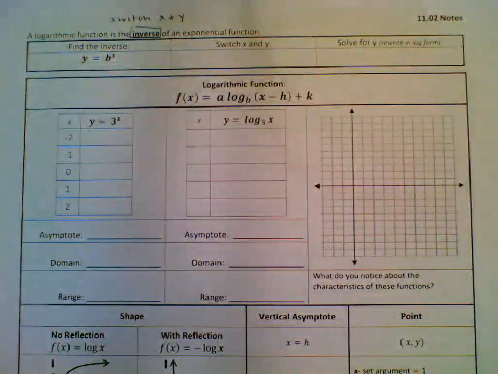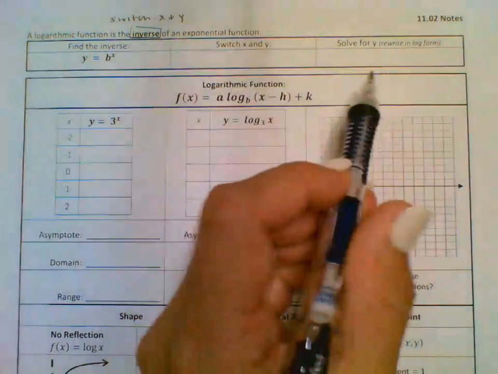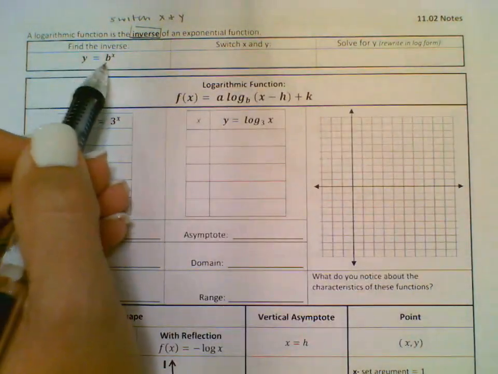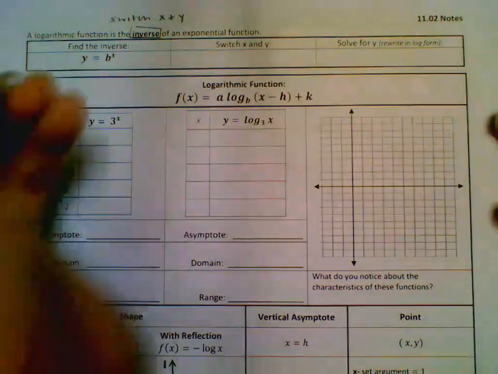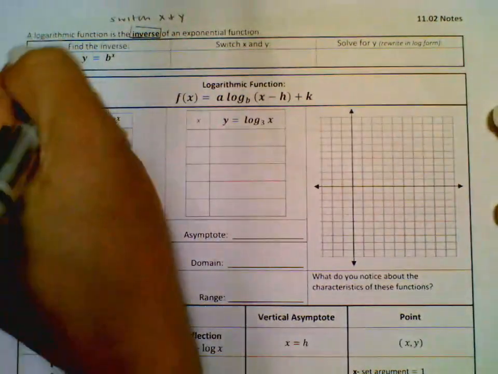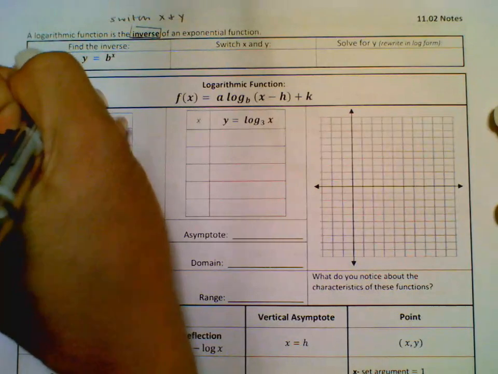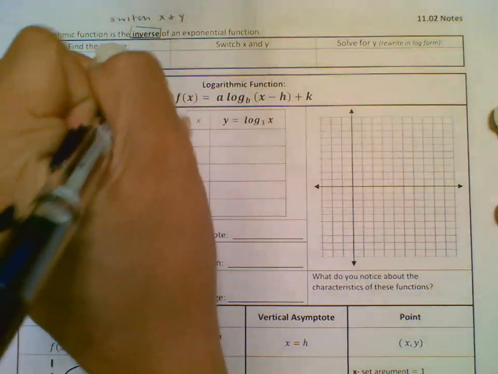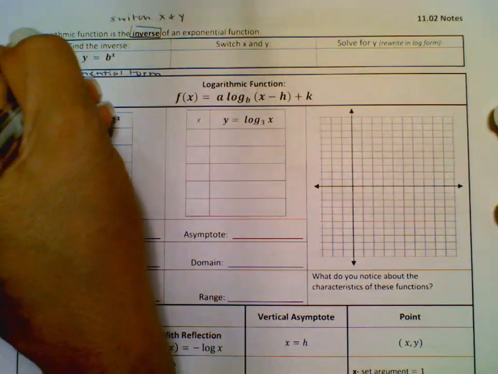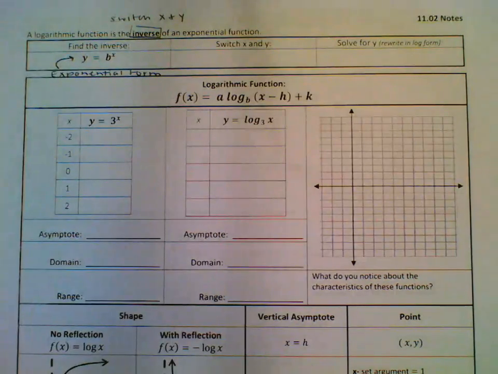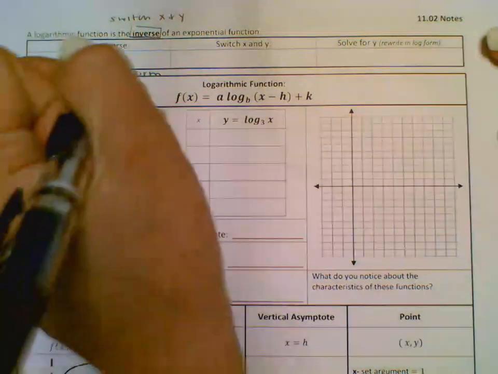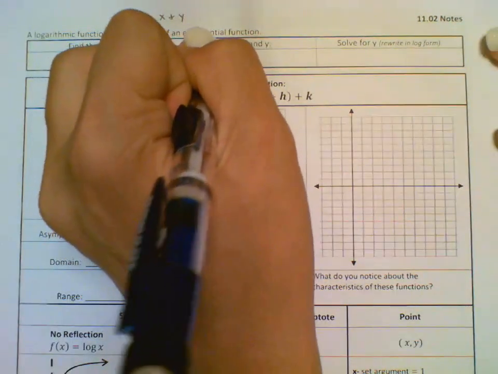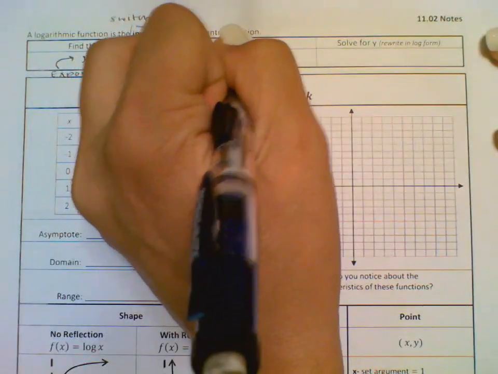You're going to switch your x and y values. In order to look at this from exponential form into log form, we start with y equals b to the x power, which is our exponential form. If I switch the x and the y, I would get x equals b to the y power.